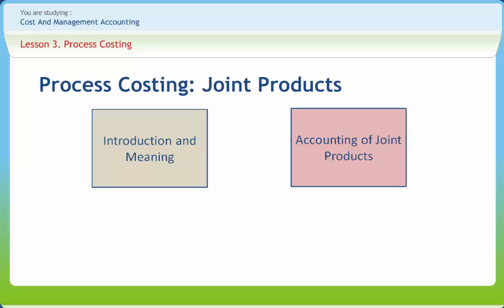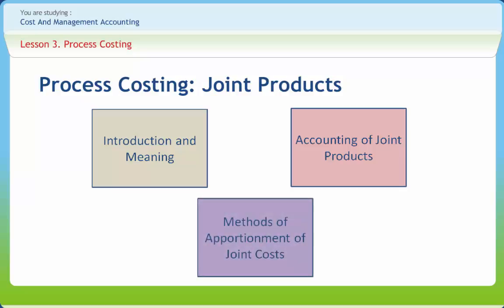The accounting process, as well as the determination of profit or loss of every joint product, is very difficult due to lack of distinctiveness. Average unit cost method is the simplest method to adopt and apply in determining the cost of joint products. Under this method, the cost per unit of the joint products will be uniform.